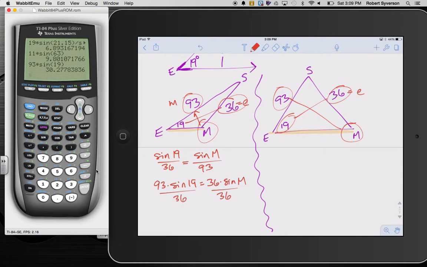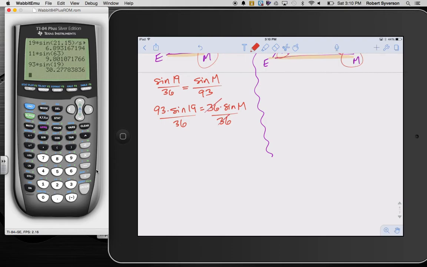Now, I know some of you are right now saying, why did he cross multiply? Why didn't he just multiply by 93? Multiplying by 93 is definitely the quicker way to do it. I'm just showing you a method that works in every situation. Same process, that cross multiplying. That will always work. It's not always the shortest method, but it always works, okay?